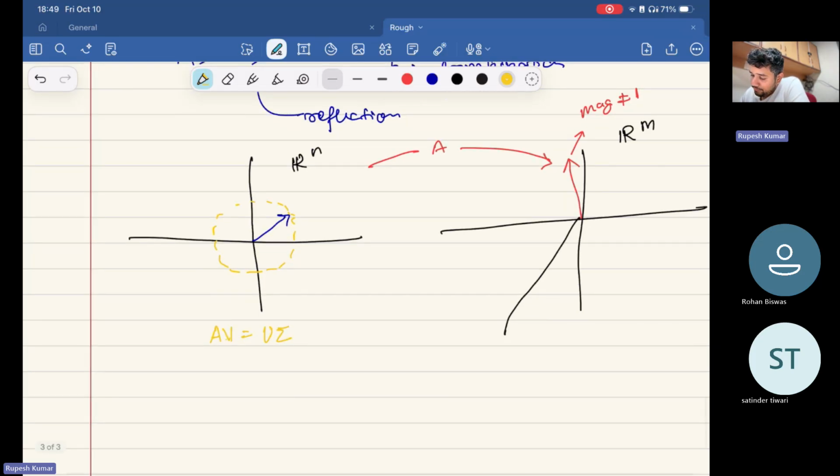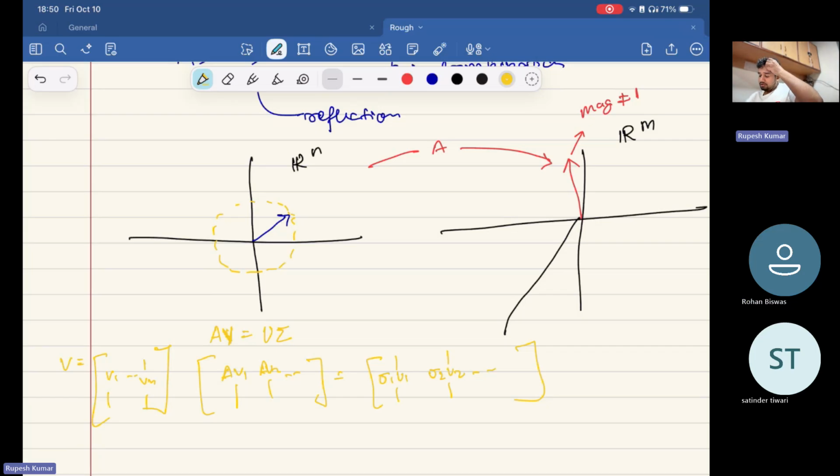Now, if you choose the first right singular vector, V contains all the singular vectors, V1 up to Vn. The matrix AV looks like AV1, AV2, and so on, and this becomes sigma 1 U1, sigma 2 U2, and so on, right?